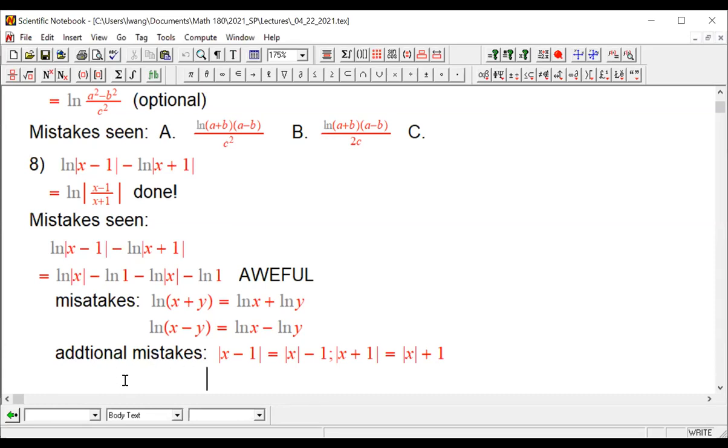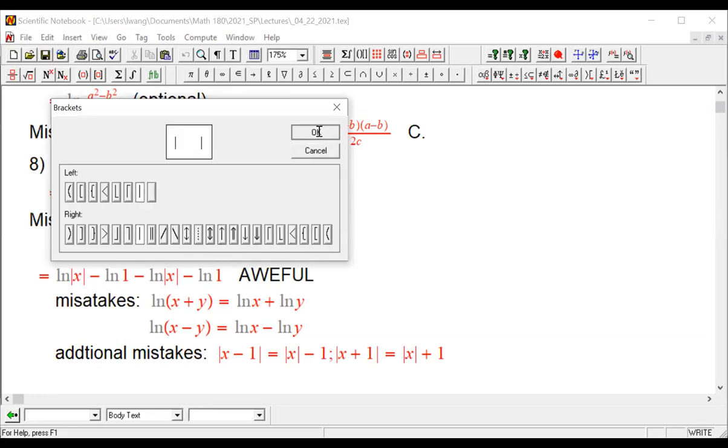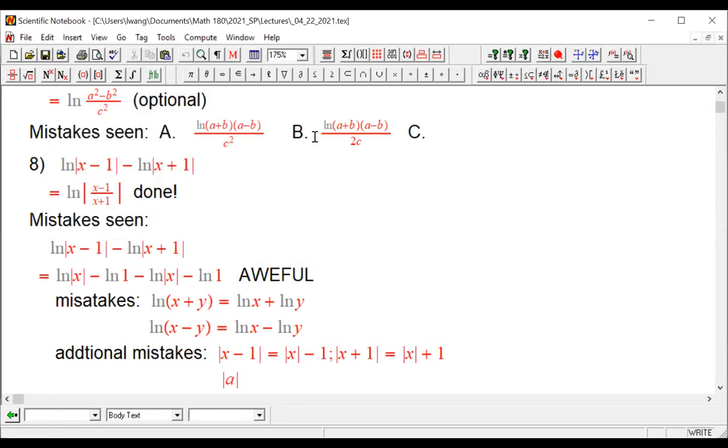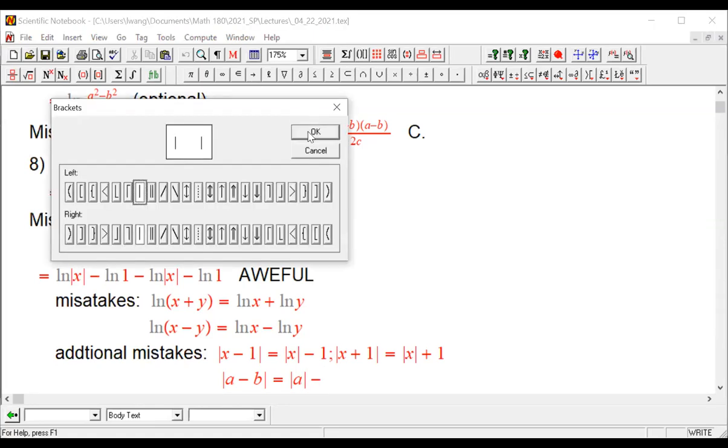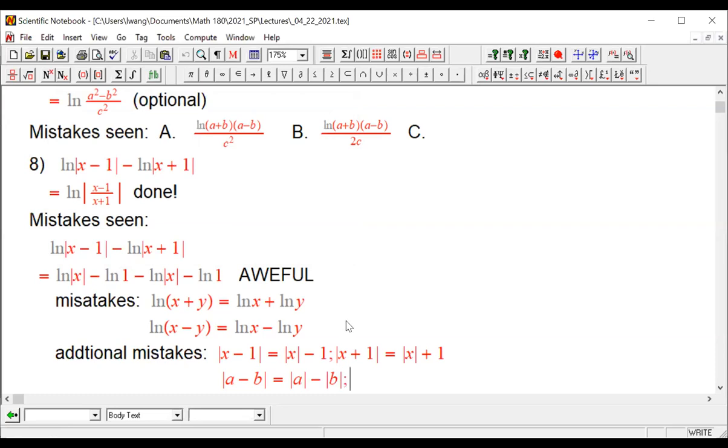This original form is really the mistake of the absolute value of a minus b equals the absolute value of a minus the absolute value of b. These mistakes are very rampant. And rampant means what? It's like pandemics.